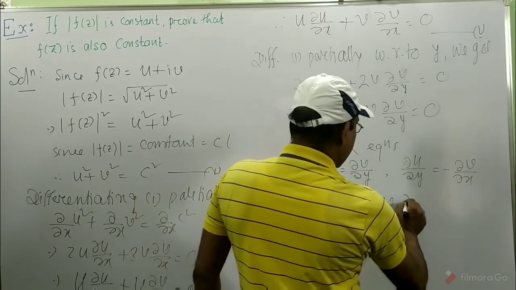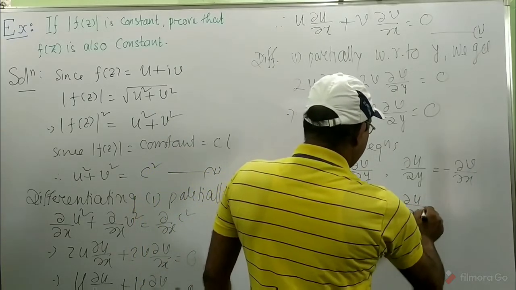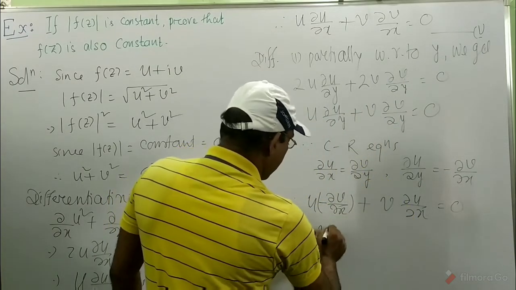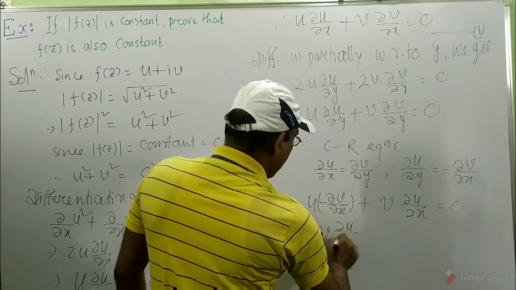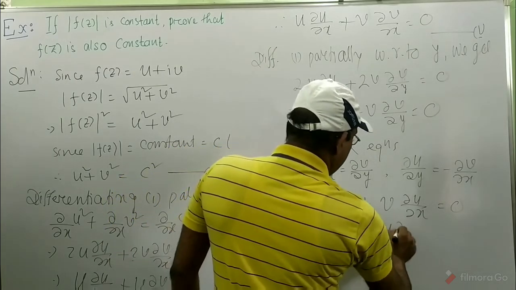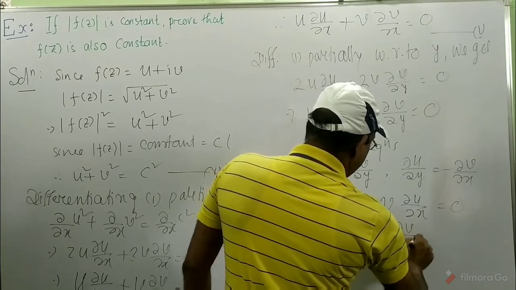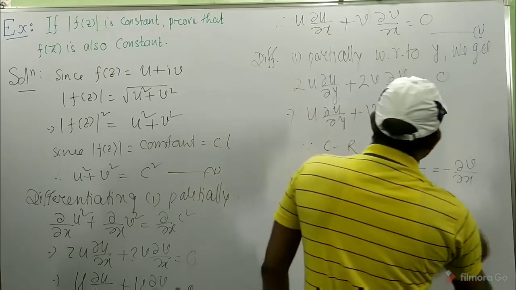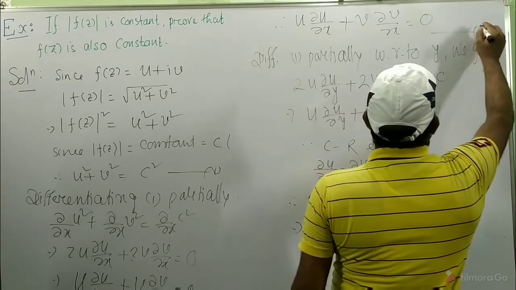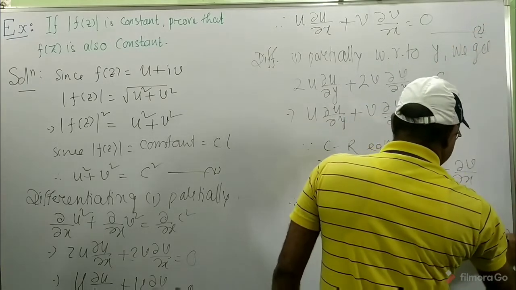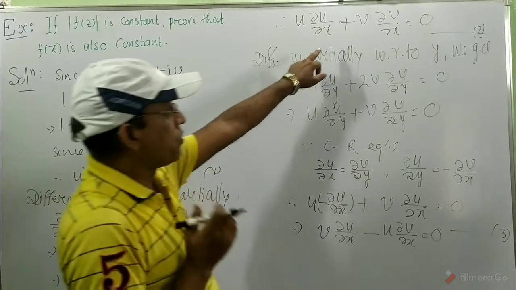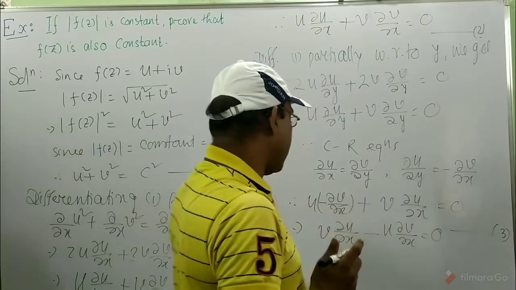So this will be v del u by del x minus u del v by del x equal to 0. This is number 2, and the first one is number 1, and this one is number 3.